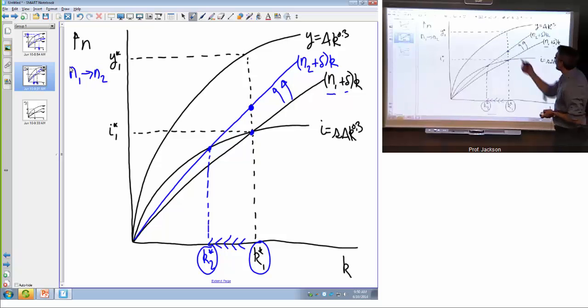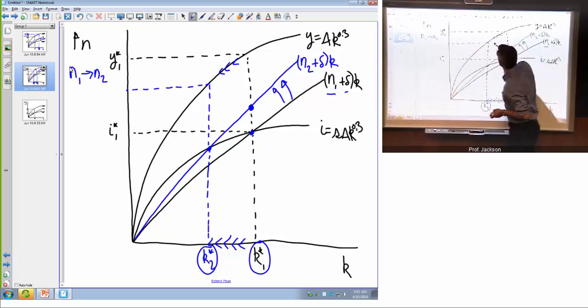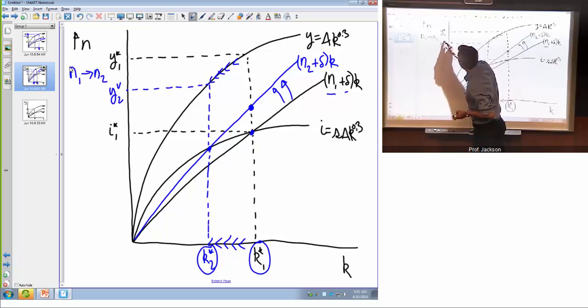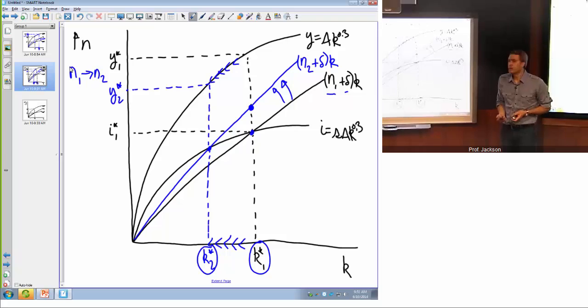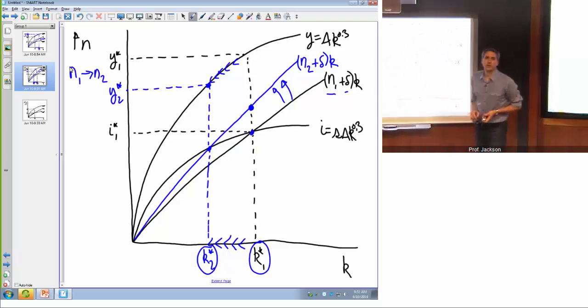And of course, we can look at what happens to output. As the level of capital declines to this new steady state, the amount of output per person, or per capita, also declines, eventually reaching the new steady state level of output, Y2 star.